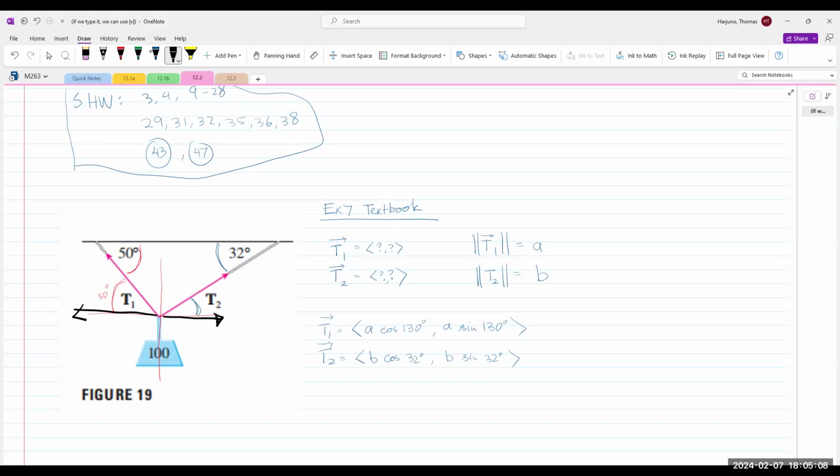Basically from the x component point of view, A cosine 130 degrees minus B cosine 32 degrees is equal to 0.